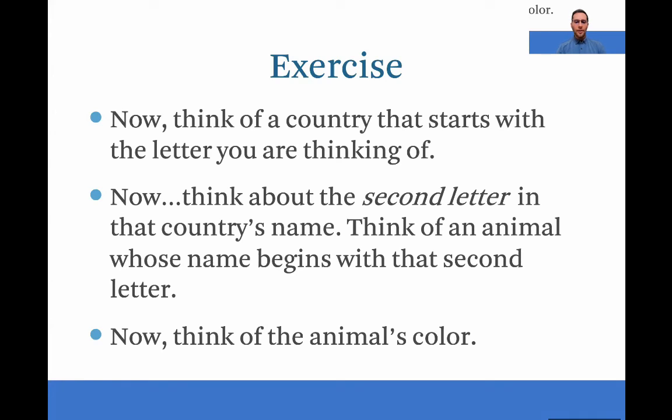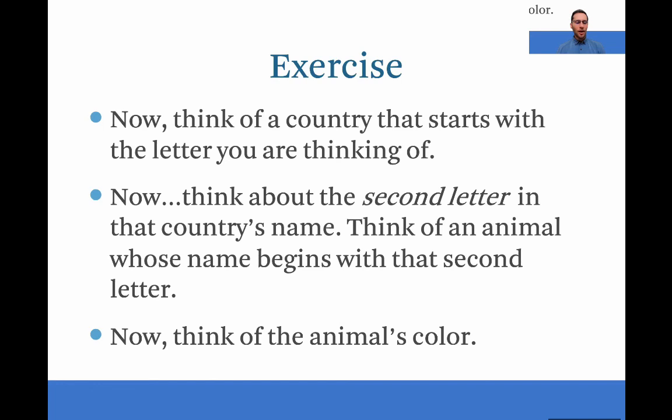Now think about the second letter in that country's name. Think of an animal whose name begins with that second letter. Now think of the animal's color. So you should have a country, you should have an animal, and you should have a color of the animal in your mind.